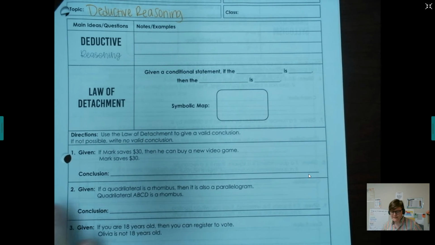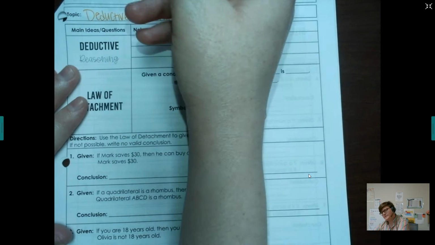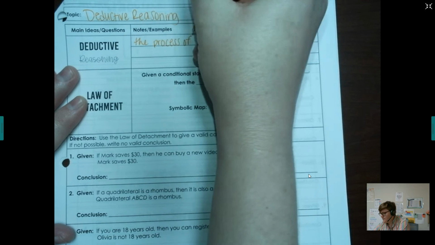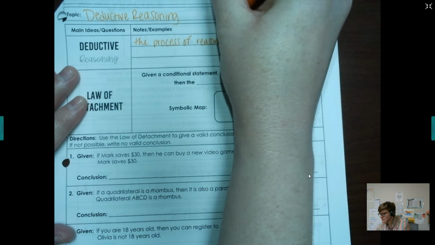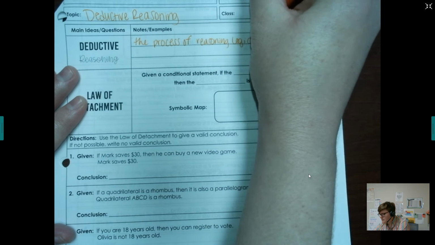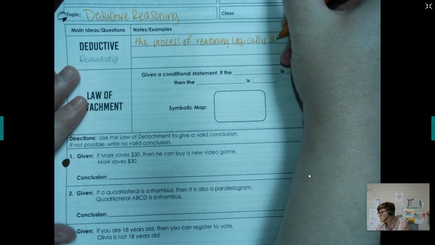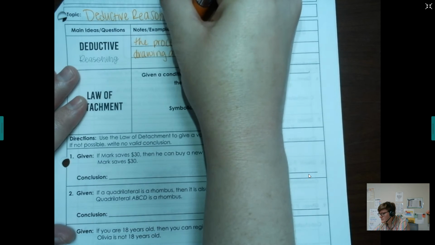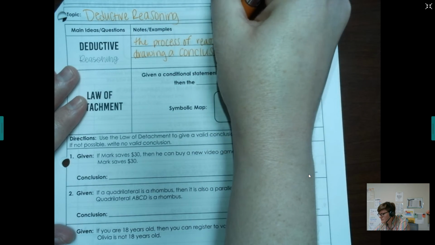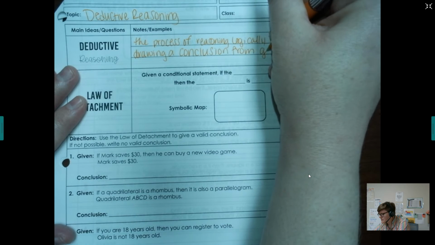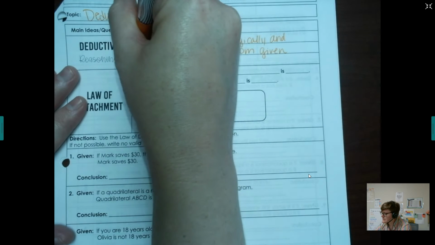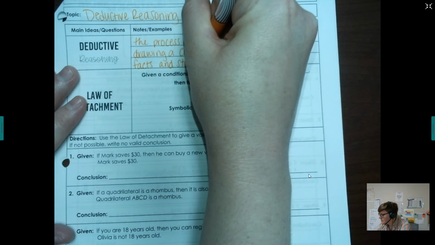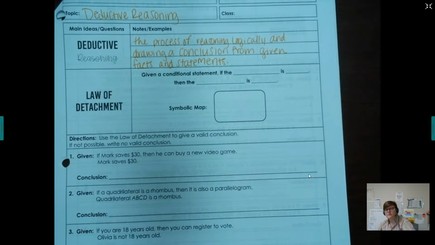This one's deductive reasoning, which is the process of reasoning logically and drawing a conclusion from given facts and statements or information. Given information, basically.